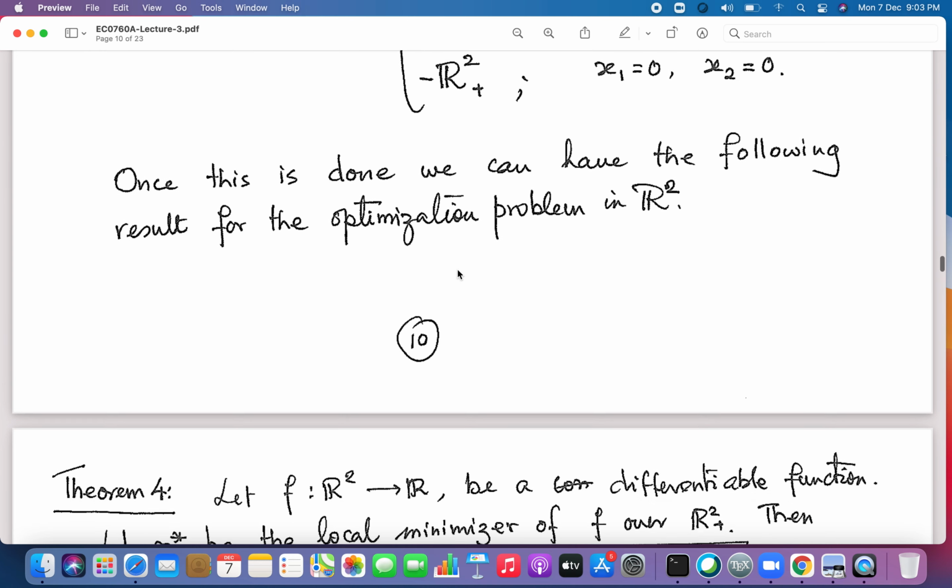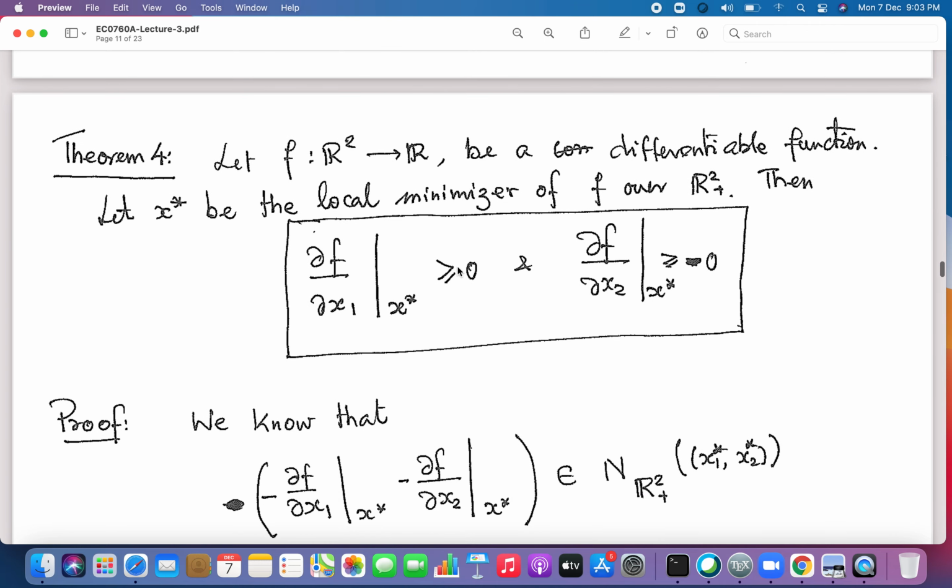So once it is done, suppose f is from R2 to R2, a differentiable function, and x star is the local minimizer of f over R2 plus. Then the optimality condition is nothing but the partial derivative of f with respect to x1 and with respect to x2, both are non-negative numbers, each of them evaluated at the point x star.